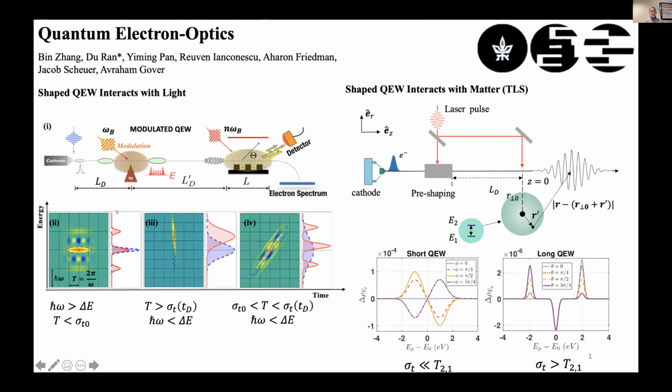We find that the electron behaves with quantum properties when the wave packet size is much smaller than the laser period. Okay, that's all for right now. For more details, please go to Bin Zhang's poster.